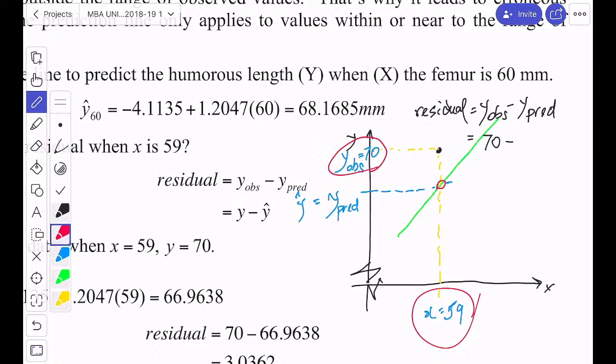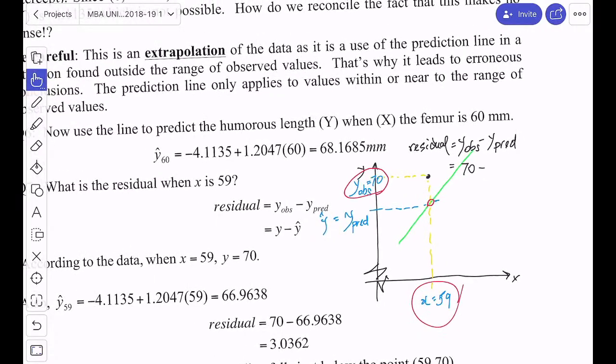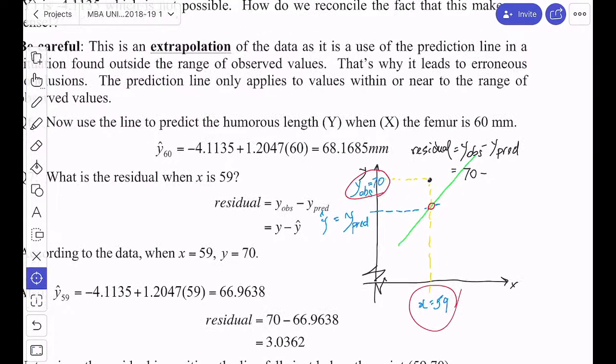You guys should have the notes in front of you to avoid confusion. So if I plug it in here to 59, I get 66.963.